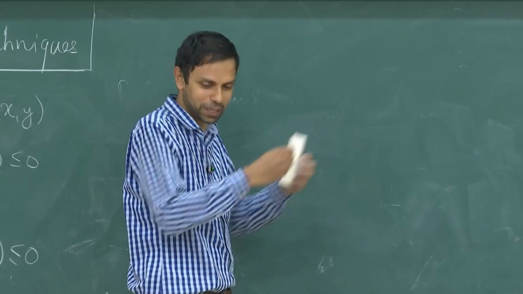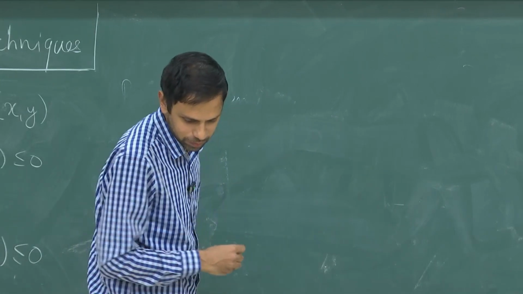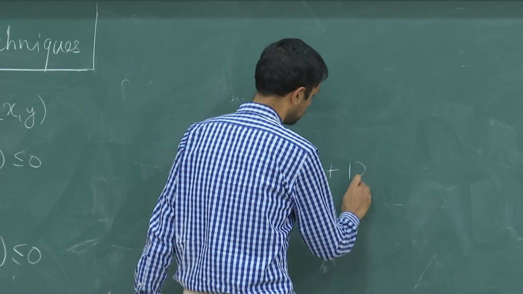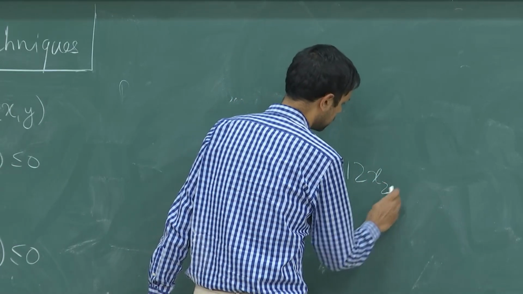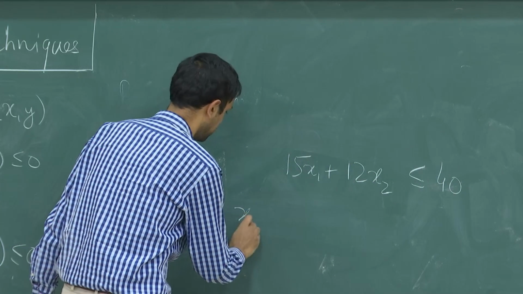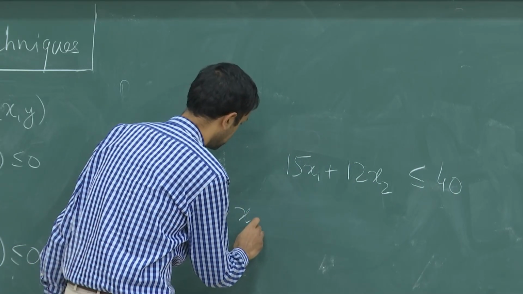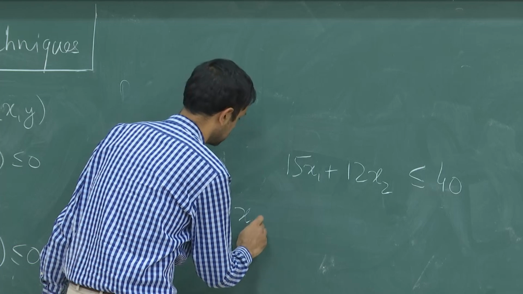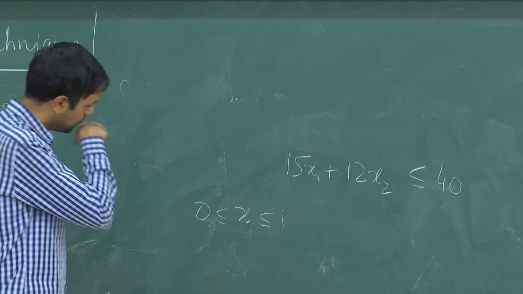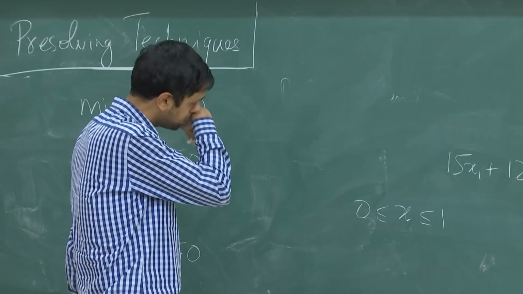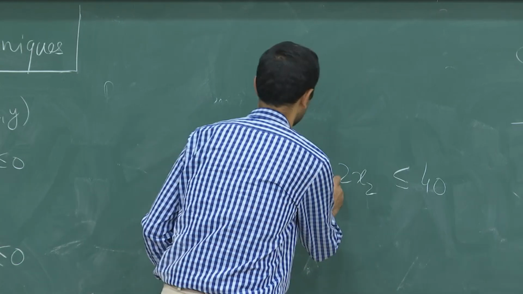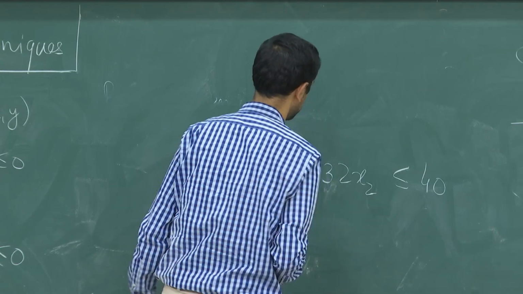Let me just cook it up. 15x1 plus 12x2 less than or equal to, let's make it 32.